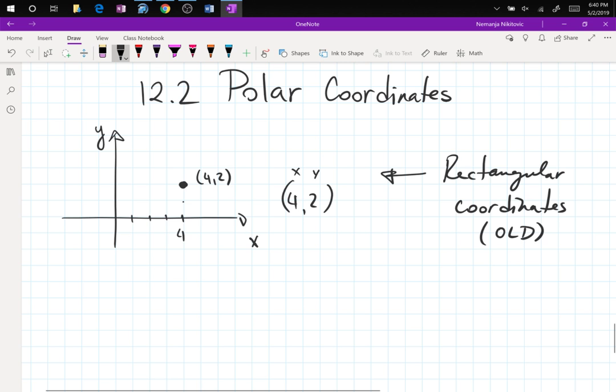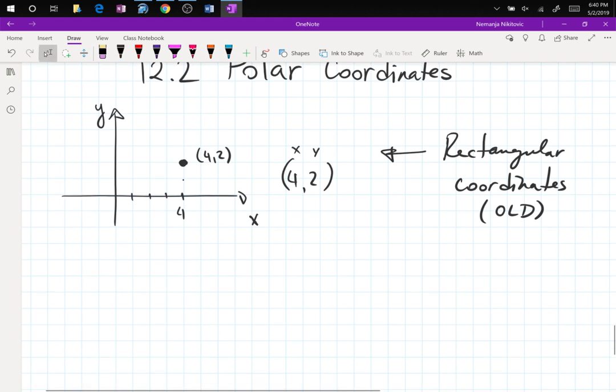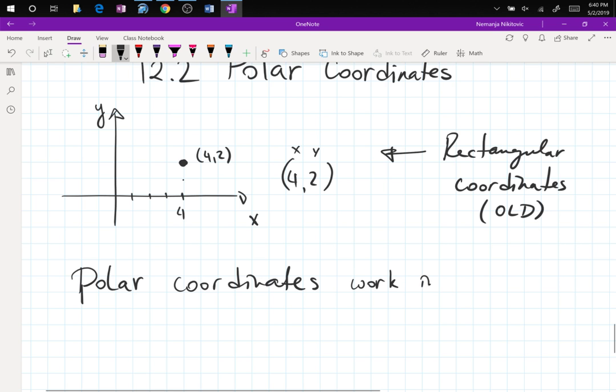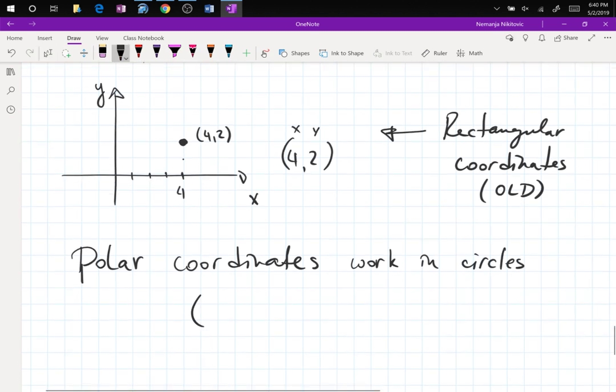So what's the new stuff? Polar. Polar coordinates work in circles. You are getting radius r, and you are going to swing that angle theta. So this is your point in polar coordinates.